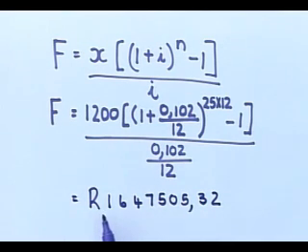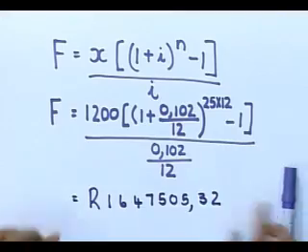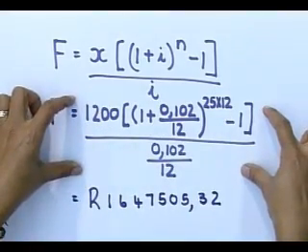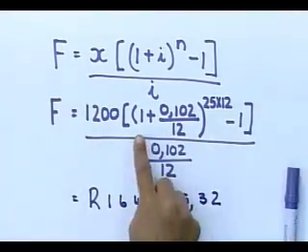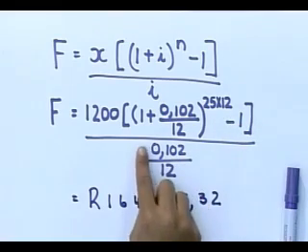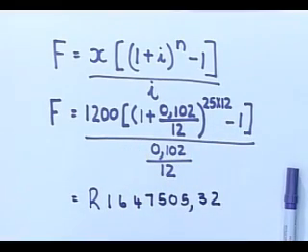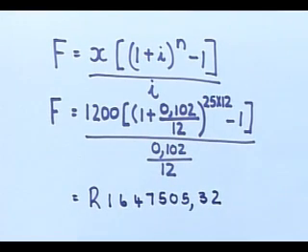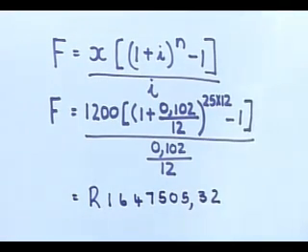I have 1,647,505.32 after I've punched all of that into my calculator. It's quite a big number to punch into your calculators. Please, everybody, where you see the brackets, you use the brackets. You can even put this into a little bracket just to make sure if you're not using your fraction button on your calculator. And that is your first future value example. I hope that you all understood this example.